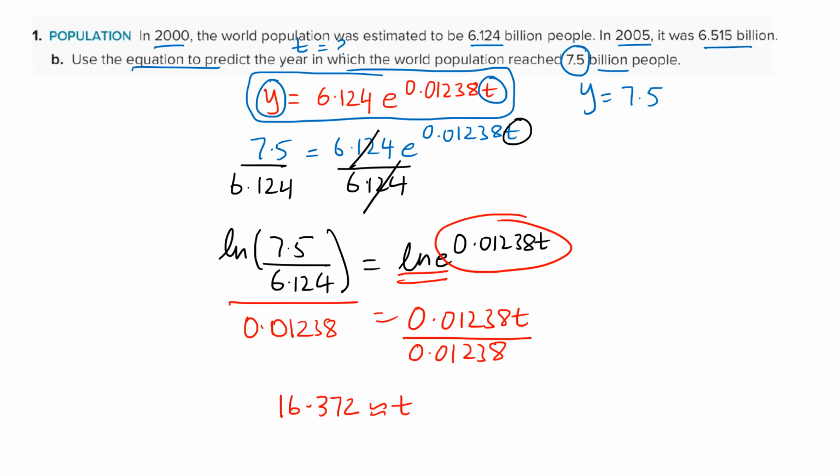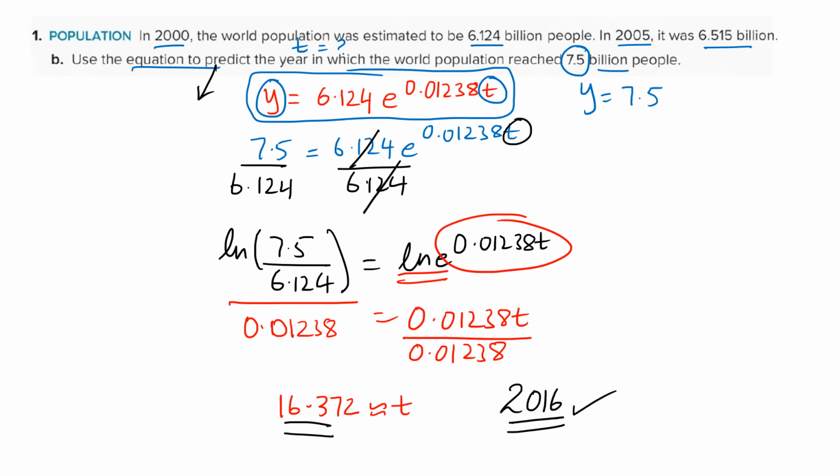Now the number of years can't be decimal, so approximately we would round off and say that the world population will reach 7.5 billion people approximately after 16 years. So that's going to be year 2016, because they ask in which year the population will reach 7.5. So we can say the population will reach 7.5 in 2016.